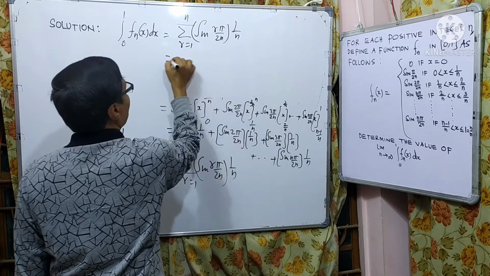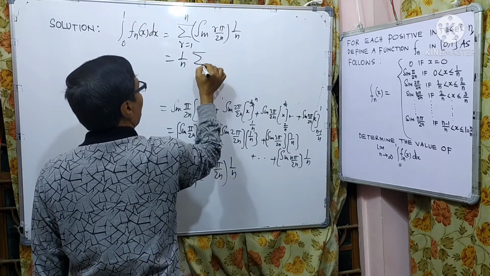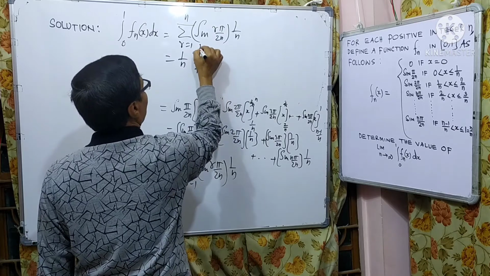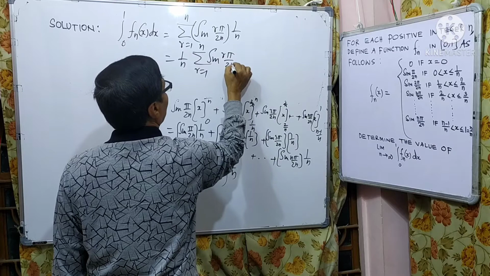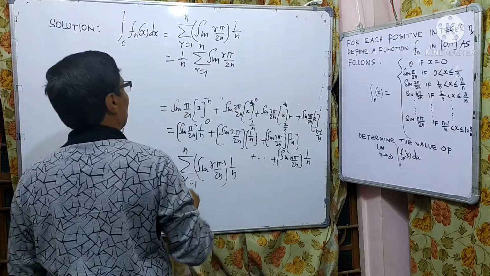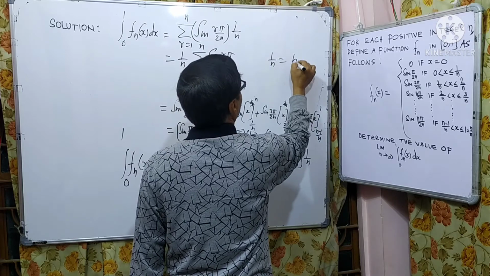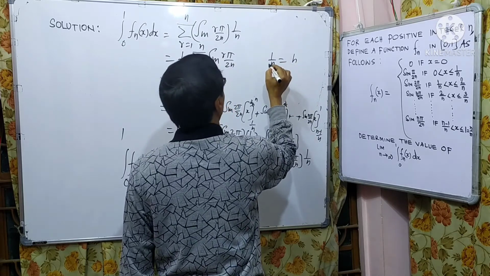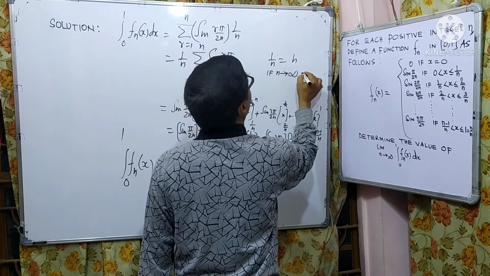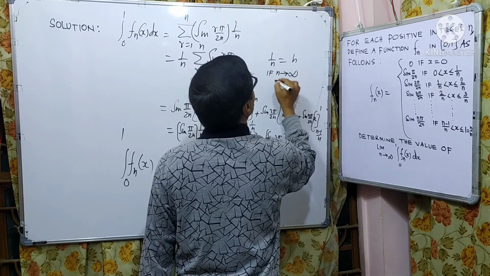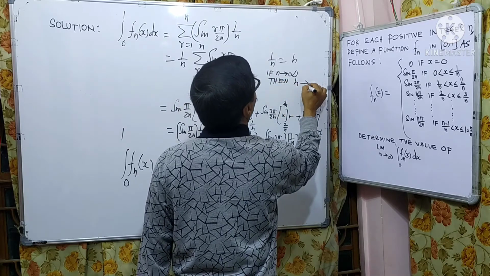That is, 1 over n times the summation r equal to 1 to n of sin r pi over 2n. Here we can take 1 over n equal to h, so that if n tends to infinity, then h tends to 0.